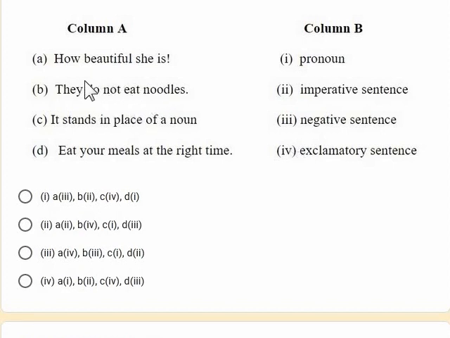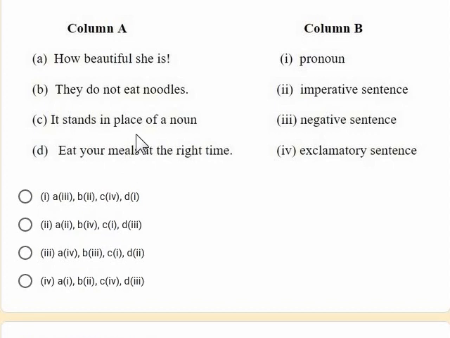Again, here do not is added, which means it is a negative sentence. So B will be 3. So A will be 4, B will be 3. Let's see the next also. Well, we have got our answer. That is option number 3, undoubtedly the correct answer.